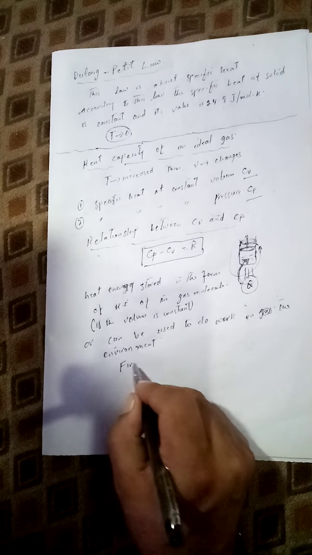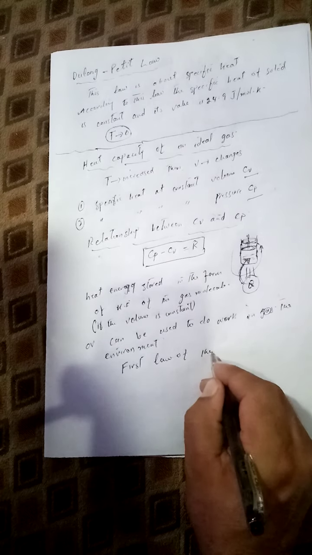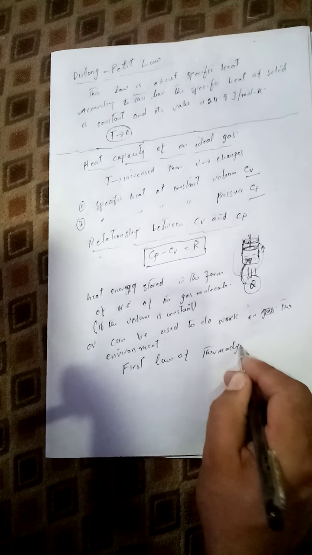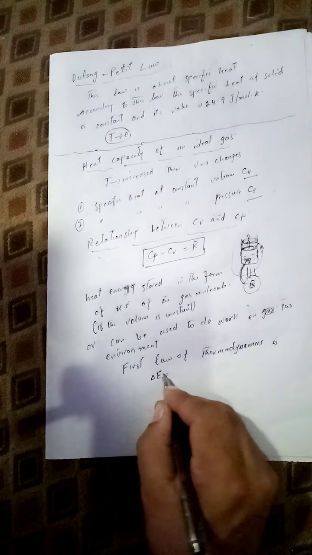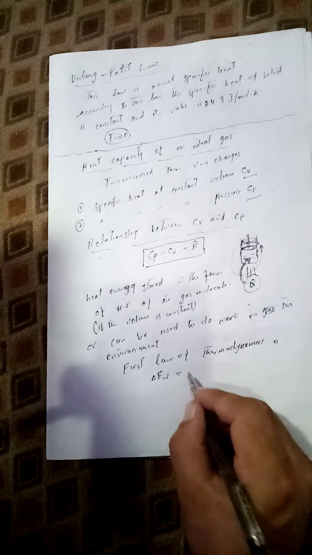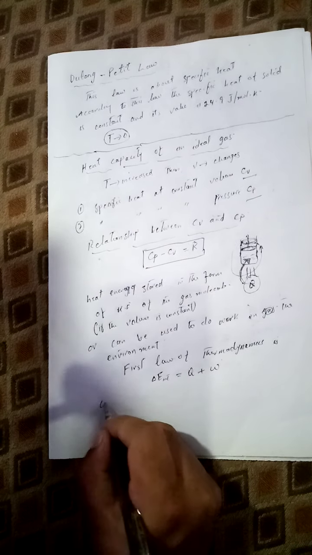According to first law of thermodynamics, the change in internal energy is equal to the heat energy supplied to the system plus work done on the system. This is equation number 1. Now first we will consider the case of constant volume.